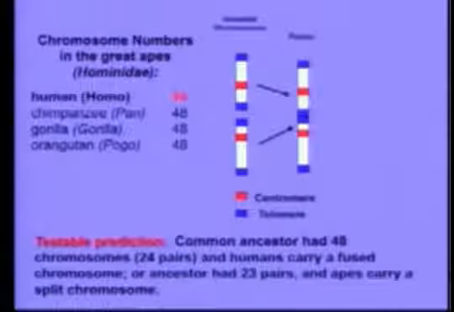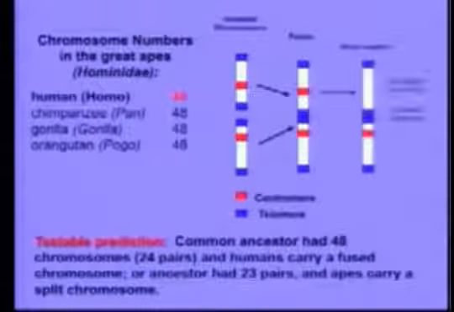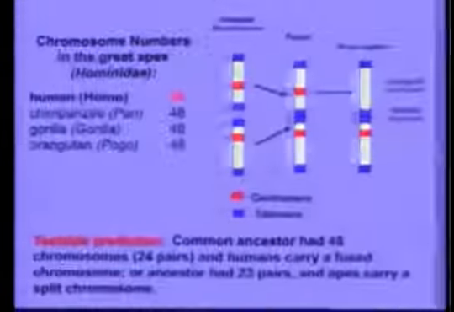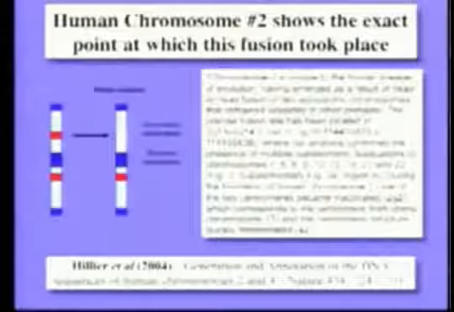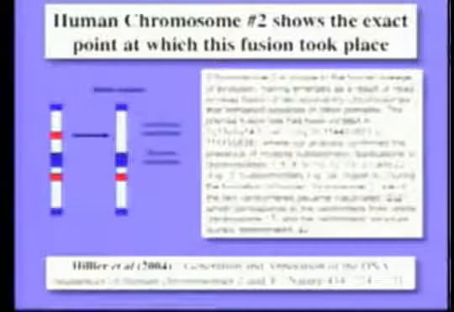Well, the fusion would put telomeres where they don't belong, in the center of the chromosome, and the resulting fused chromosome should actually have 2 centromeres. One of them might become inactivated, but nonetheless it should still be there. So we can scan our genome, and if we don't find that chromosome, evolution's in trouble. Well, guess what? It's chromosome number 2. Our chromosome number 2 was formed by the fusion of 2 primate chromosomes.